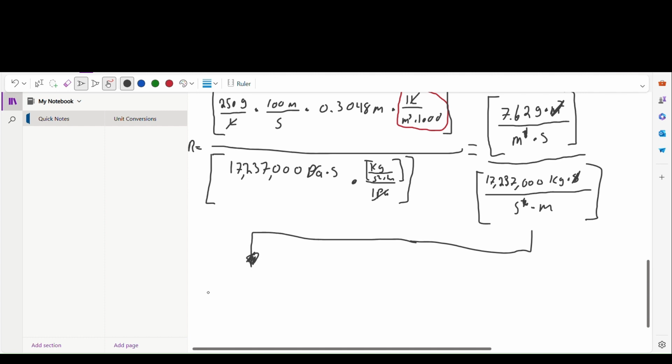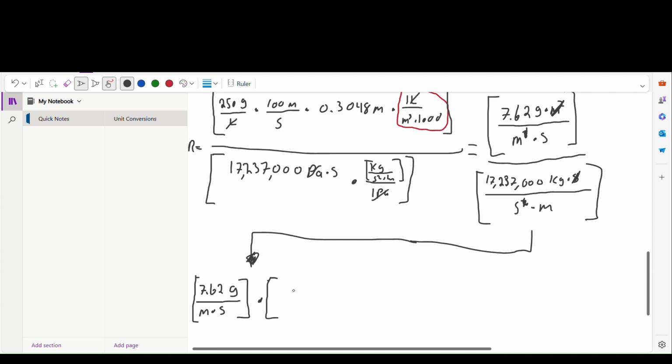You will have 7.62. Like I said, the meter squareds canceled out, so you're going to have grams per meter times second. This is your numerator. And you're going to multiply by 1 over the denominator, which is the same thing as just dividing by the denominator. It's easier to look at it this way.